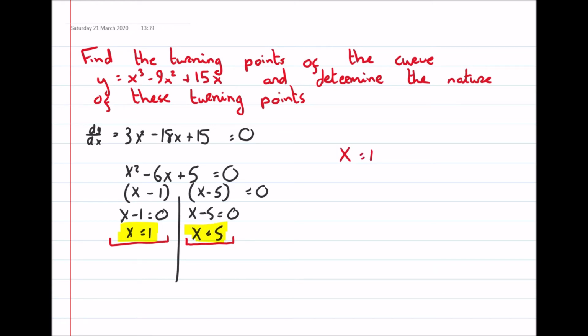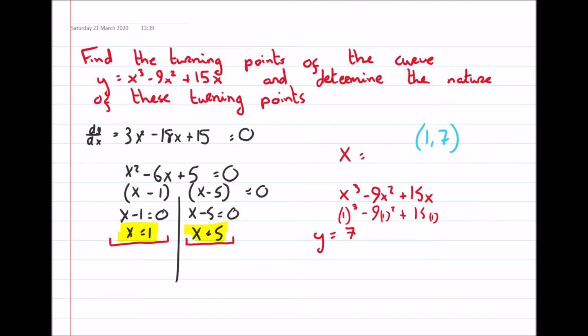So we have x cubed minus 9x squared plus 15x. If we put 1 into that, so 1 cubed, minus 9 times 1 squared, plus 15 times 1. This will give us out 7. So y equals 7. So one of the points, write it up here, is (1, 7).